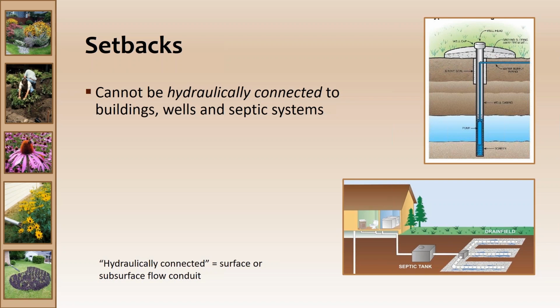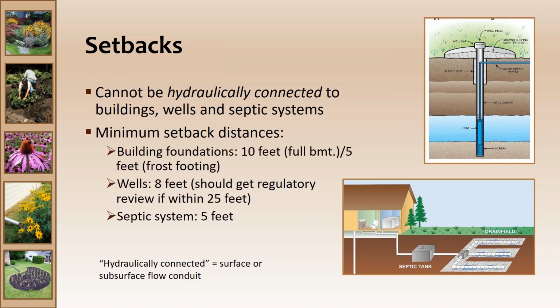So it's something that is not going to be real obvious, and you might have to get some professional assistance to work through it. There's absolute minimums included in the tech standard, including 10 feet from a full basement, 5 feet from a frost footing, 8 feet from a well.